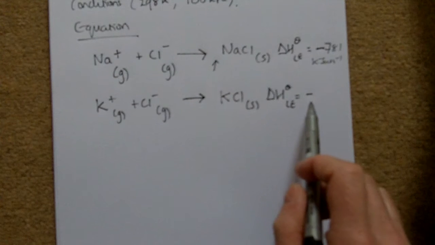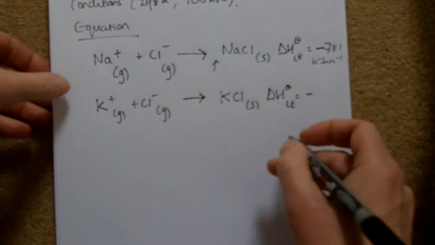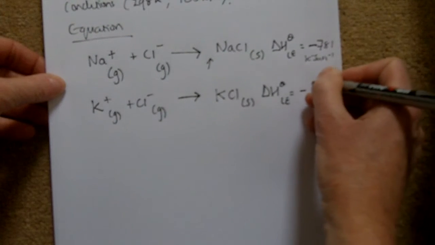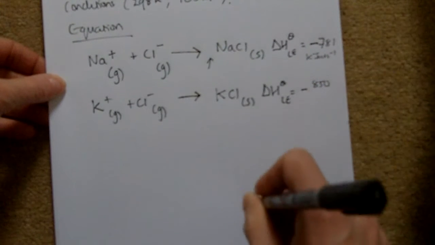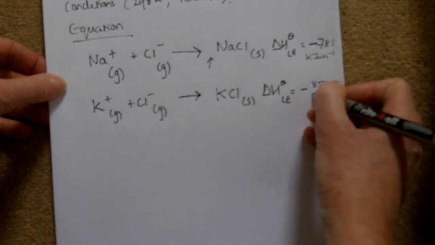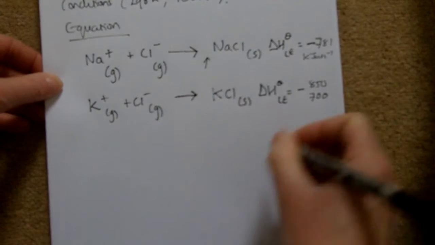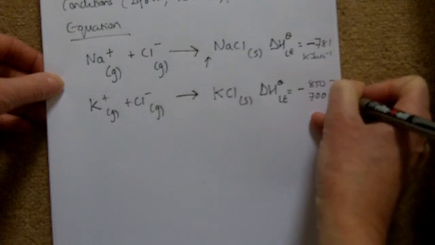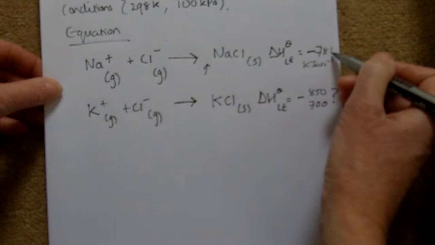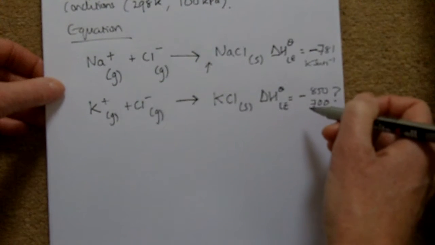Is it going to be more negative, something like minus 850 kilojoules per mole? Or is it going to be less negative, something like minus 700 kilojoules per mole? So you should be able to say, relative to that value, what potassium chloride is going to be.